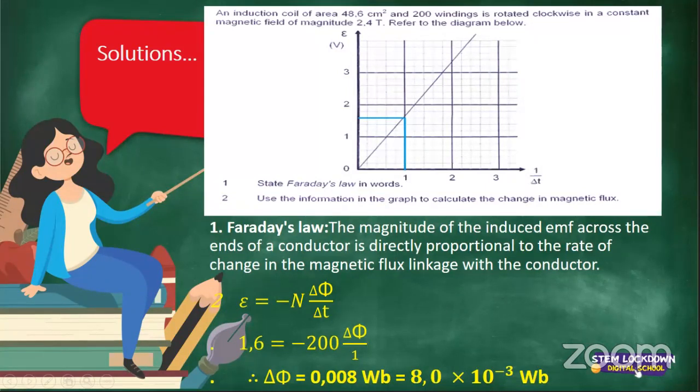So it is 8 times 10 to the power minus 3 Weber, which is the same as the comma moving 1, 2, 3 places. And then because it was moving to the right, we say minus 3. So that's the value of the magnetic flux.